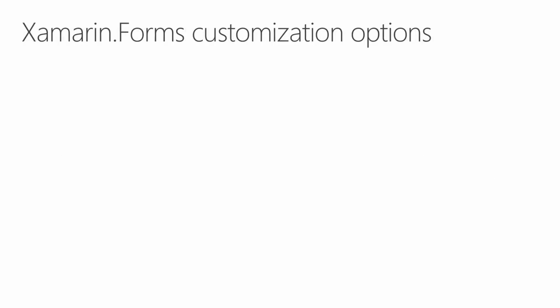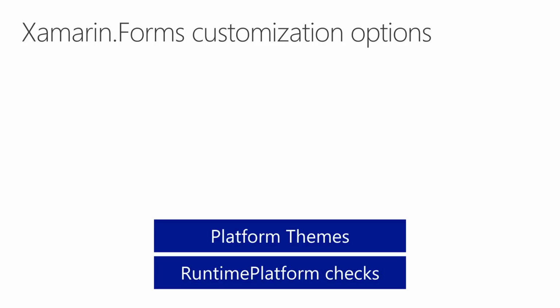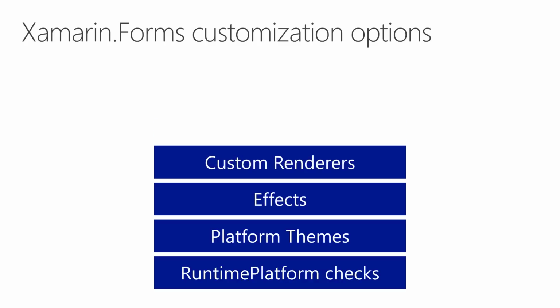Fortunately, Xamarin.Forms gives us quite a few options for customizing our app's UI. These include quick changes based on the current running platform using the runtime platform API in Xamarin.Forms, or platform-specific theming capabilities. We also have the ability to define our shared UI, but still tap into the powerful platform APIs using effects and custom renderers.